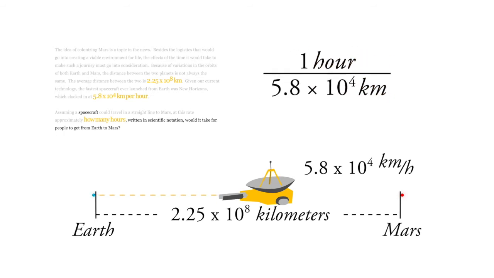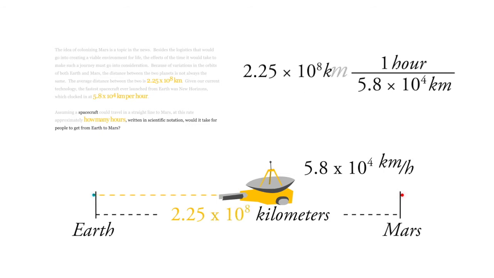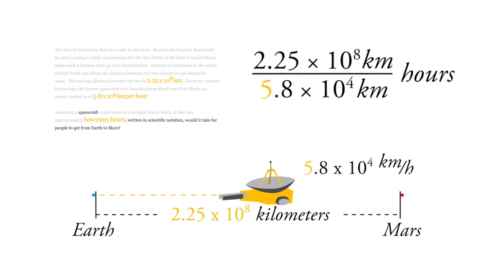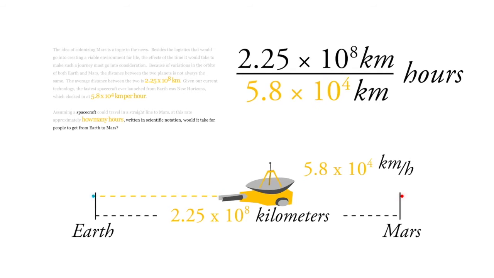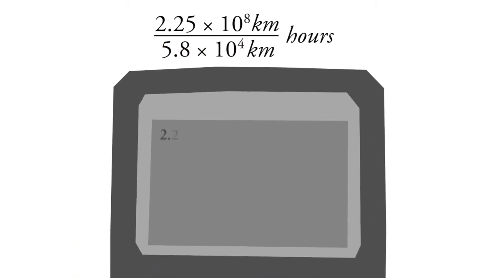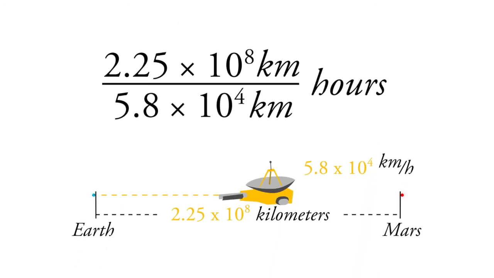So we're going to have to put kilometers down here and hours up here. So then we know we have to take 2.25 times 10 to the 8th divided by 5.8 times 10 to the 4th. And it could be that your calculator will take those scientific notations and figure it out for you, and that's great. In the absence of that, we can say, okay, we have 2.25 times 10 to the 8th in the numerator, and we have 5.8 times 10 to the 4th in the denominator.